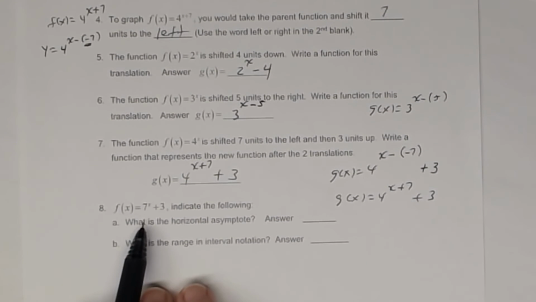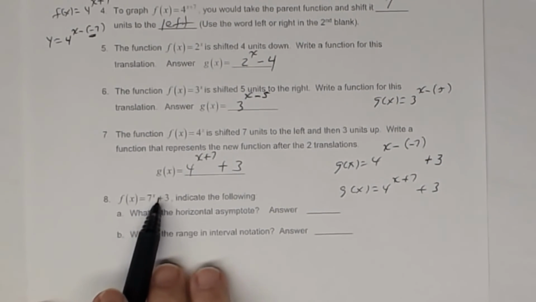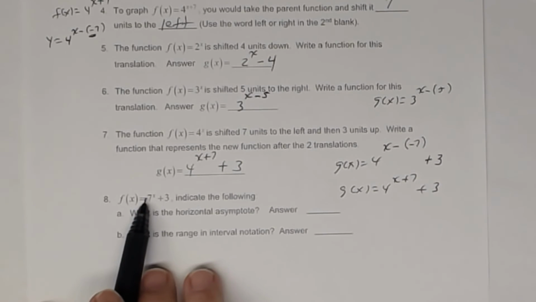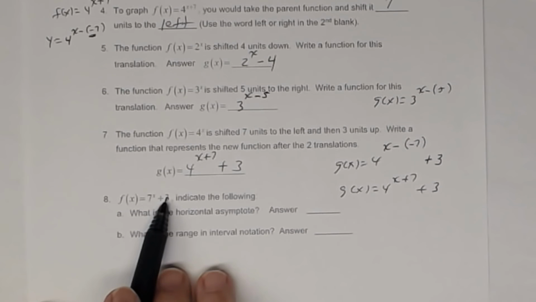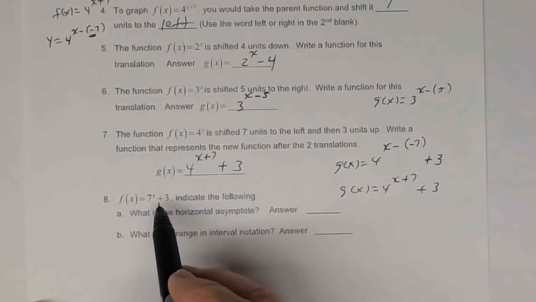All right, so in number 8, the final one, you have f of x equals 7 to the x plus 3, and indicate the following. What's the horizontal asymptote? Well, remember this number here on the outside of your exponential part is the horizontal asymptote. But remember, the graph of an exponential never touches or crosses the horizontal asymptote.